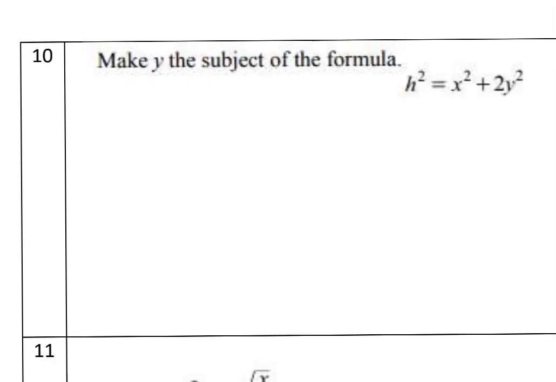Malak, can you try? I need y as the subject. Okay, 2y squared equals 4. So keep 2y squared on this side. So x squared goes to the other side by negative. So h squared minus x squared. Yes. And then to remove the 2 from y, divide by 2.